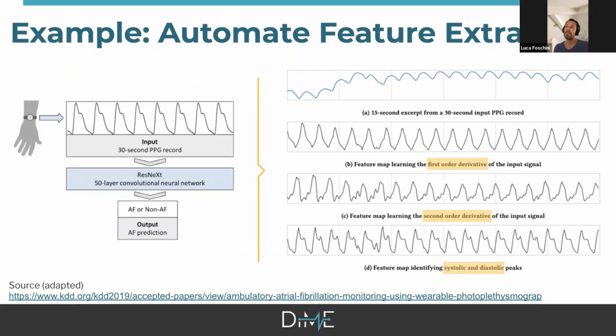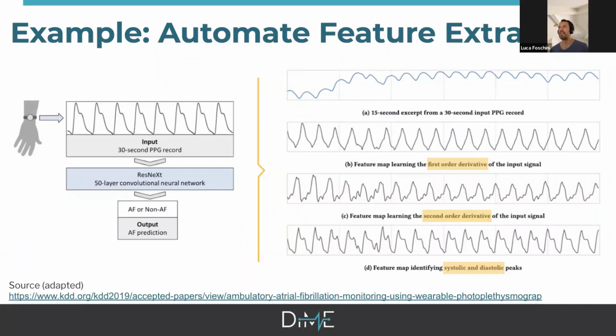And the algorithm has somehow understood that in order to discriminate between atrial fibrillation and not, it needs to look at the features that you see at the bottom, the 3 rows of wiggled, but a little bit more sinusoid-like curves.